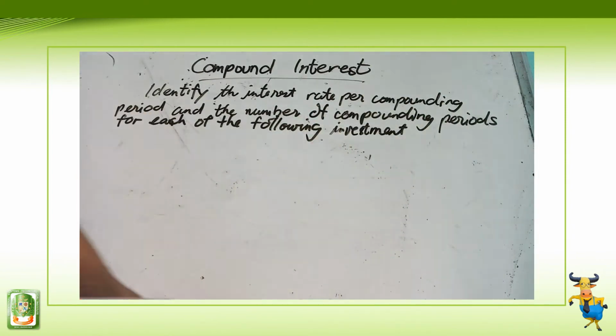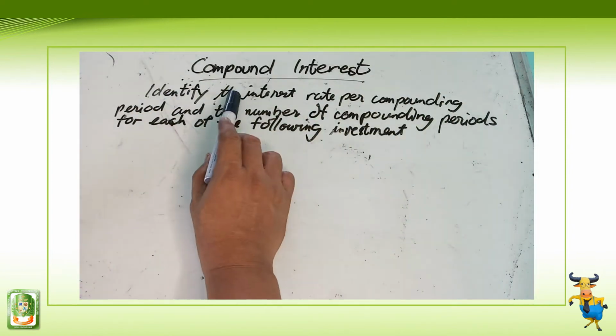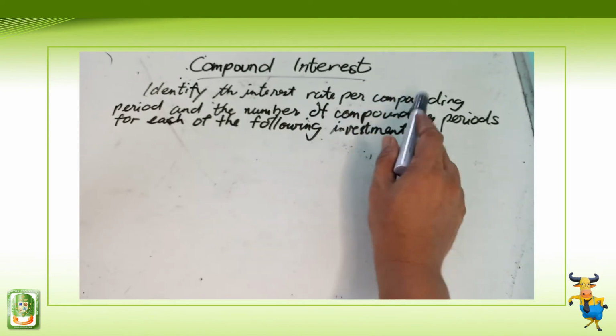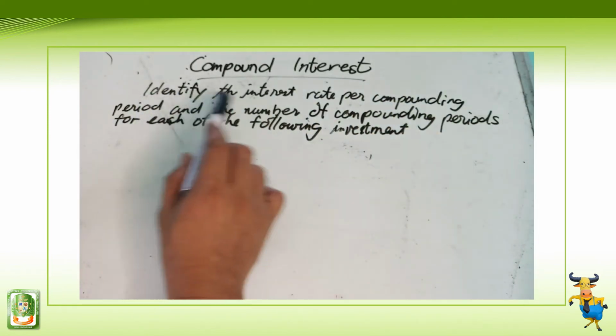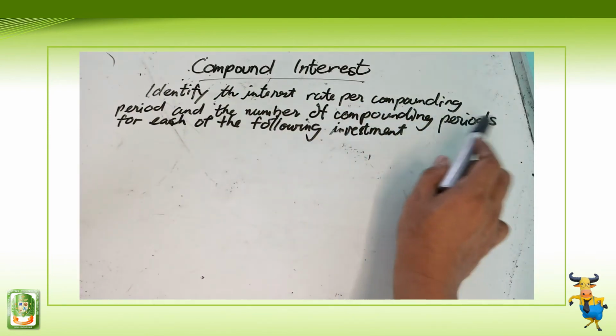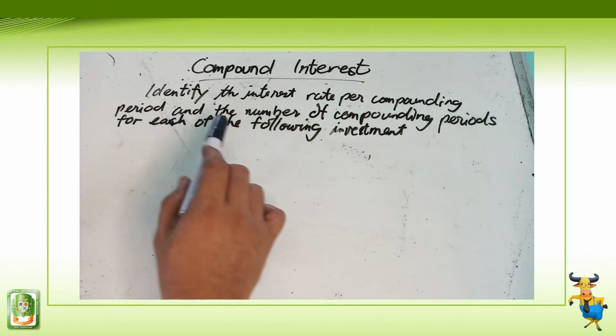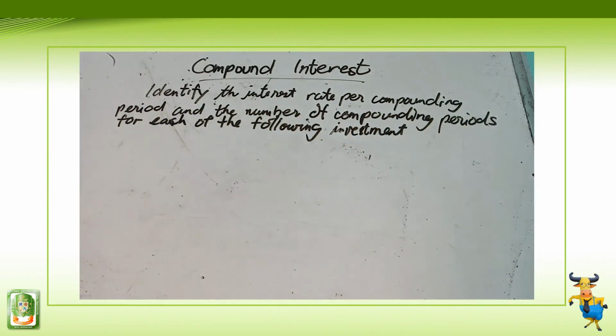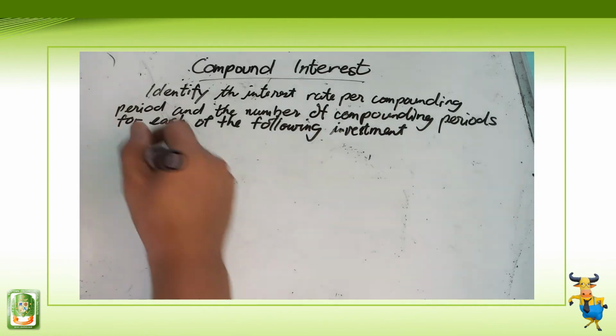Ulitin ko. Identify the interest rate per compounding period and the number of compounding periods for each of the following investments. So magbibigay ako ng mga investment. Okay? Letter A.